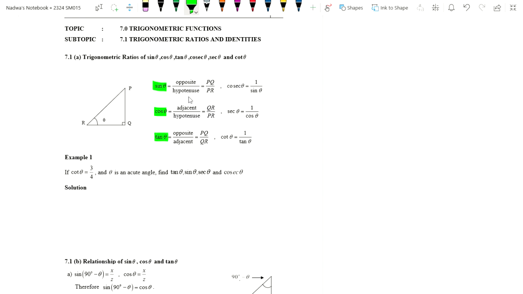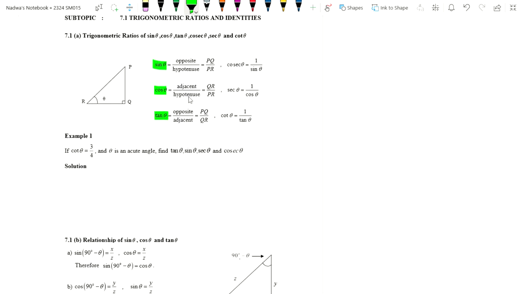You might have your own formula on how to remember the opposite over hypotenuse for sine, adjacent over hypotenuse for cos, and also opposite over adjacent for tangent. Alright, so let's just do some example.